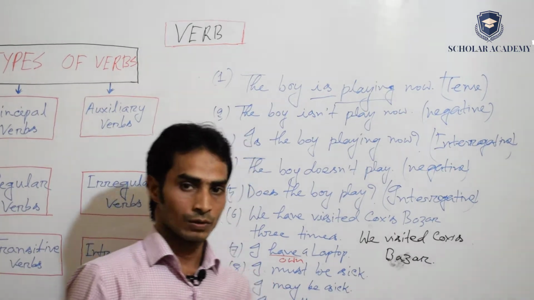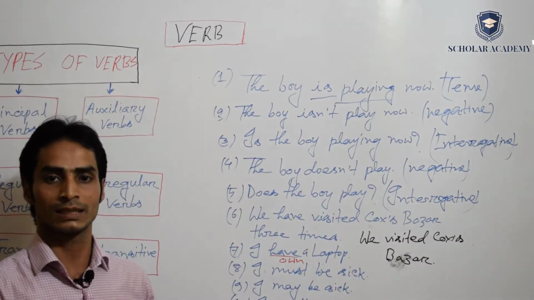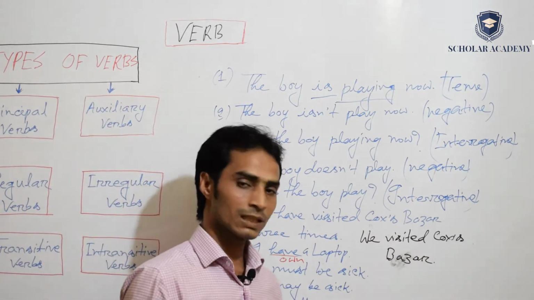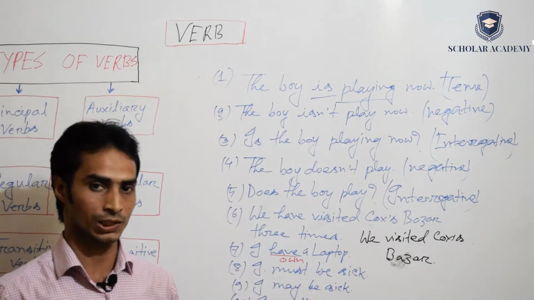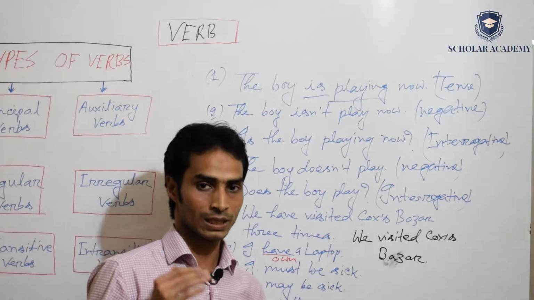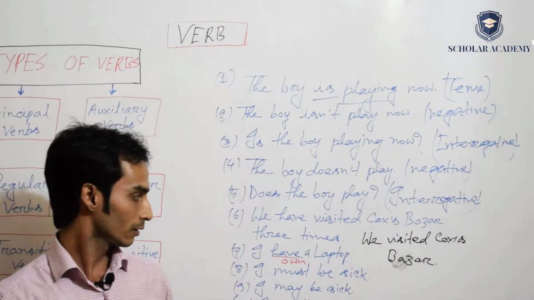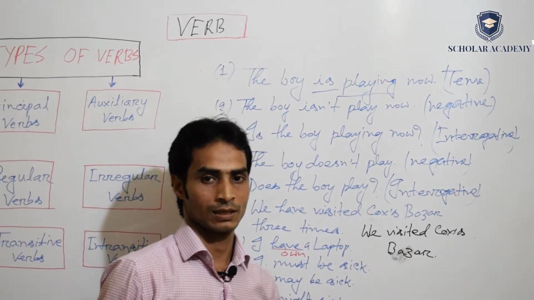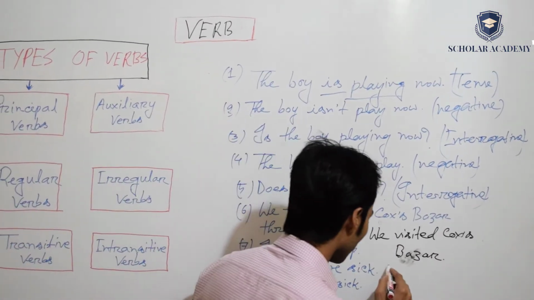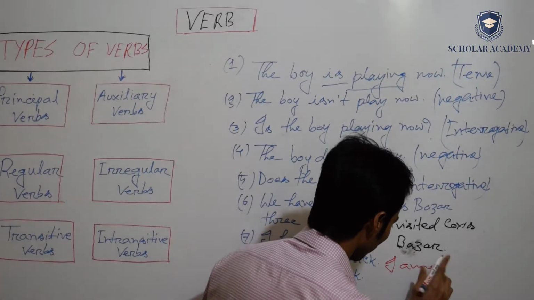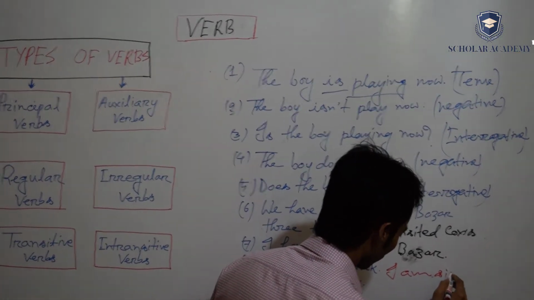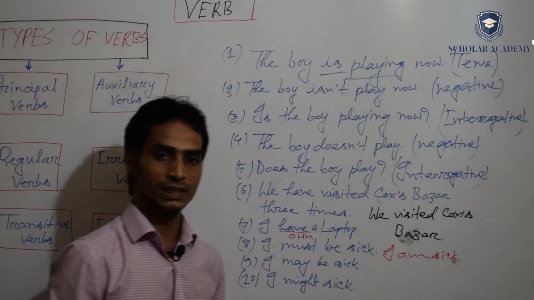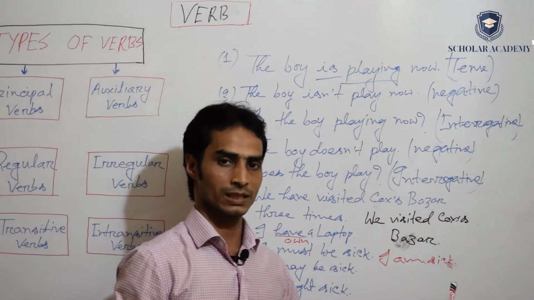When we say I am sick, that means a speaker who is 100% sure about something happening can use the be verb. By this sentence we can understand that he is 100% sick.